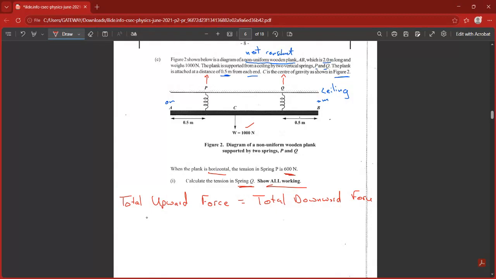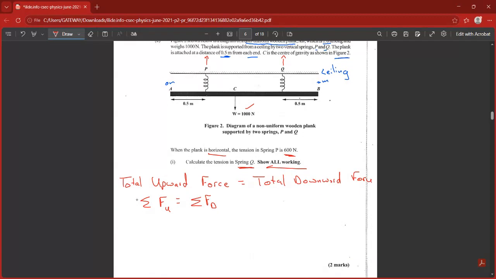Or we can say that the sum of the upward forces, Fu for upward force, is equal to the sum of the downward forces. That E-looking symbol is sigma; that just means sum, right?